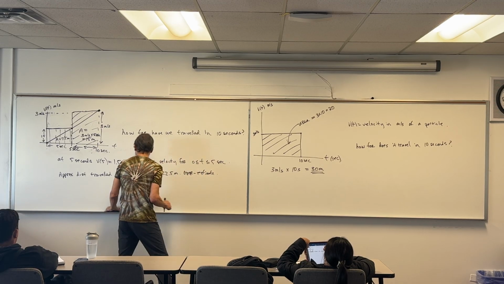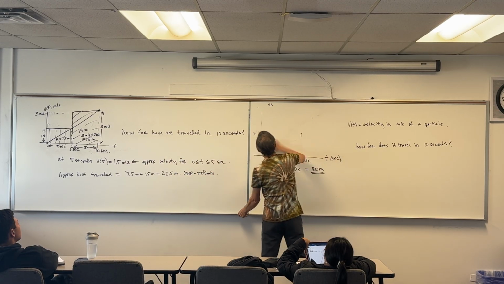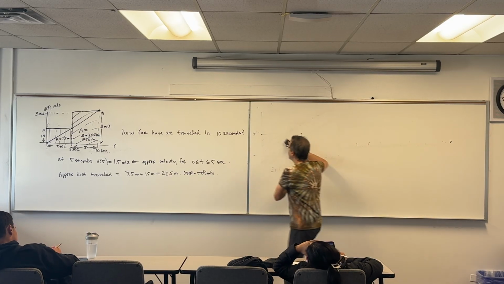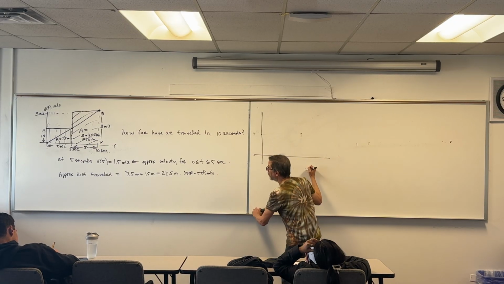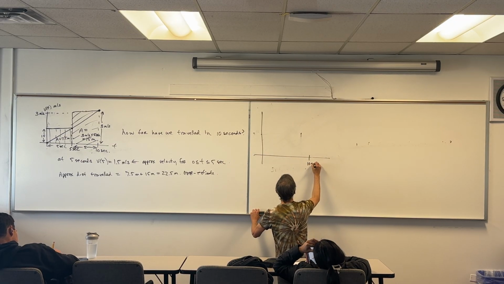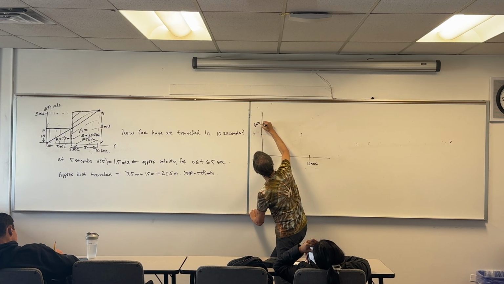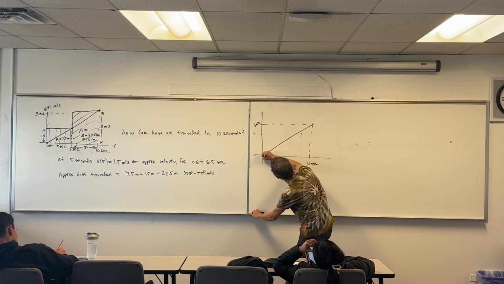Let's do this a little differently, and let's be more conservative in our estimates. So if I take that same scenario again, I'm going to draw the same graph. There's 10 seconds. There's 3 meters per second. And I'm just drawing that so that I can make that guy right there.